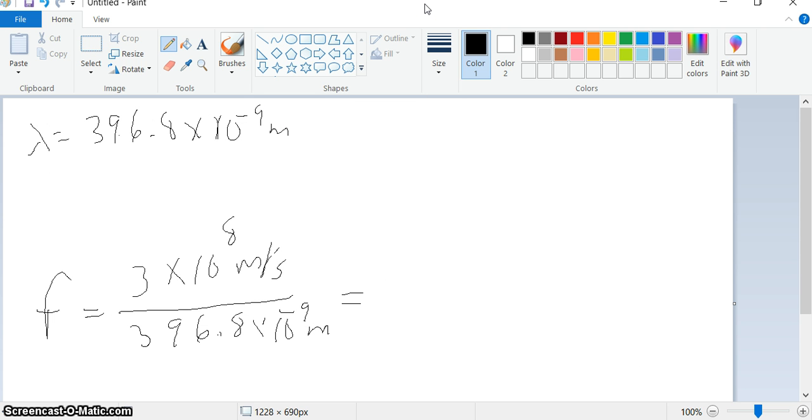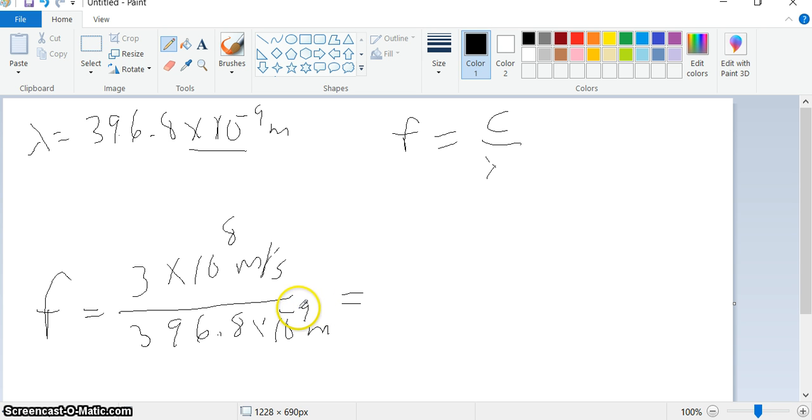All right, so again, we found that the wavelength was 396.8 nanometers, but of course instead of nano, we can write times 10 to the minus ninth meters. We put that in the equation, f, the frequency, is equal to the speed of light divided by the wavelength, and so I've done that down here. So 3 times 10 to the 8th divided by 396.8, which is also, by the way, 3.968 times 10 to the minus 7th.